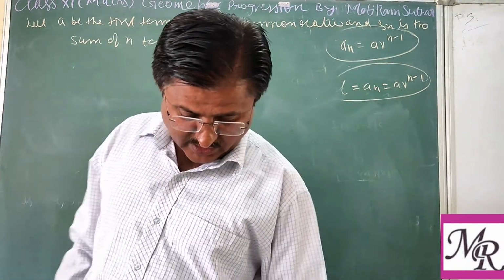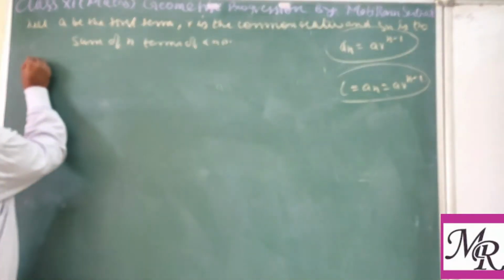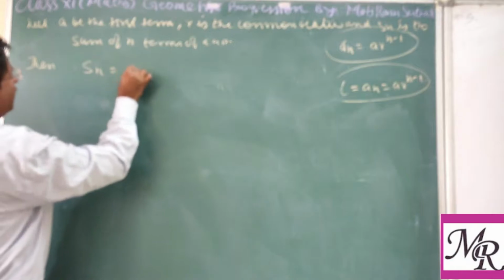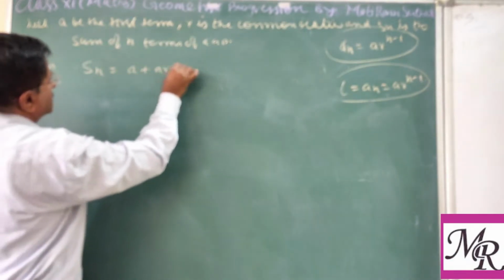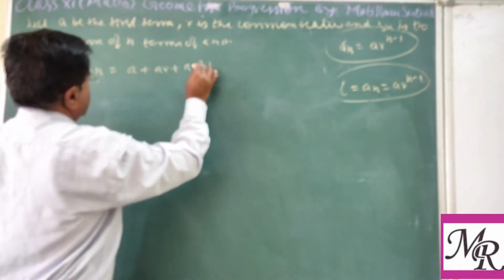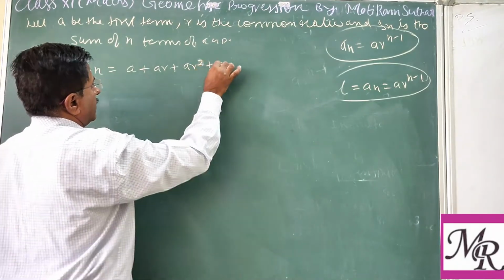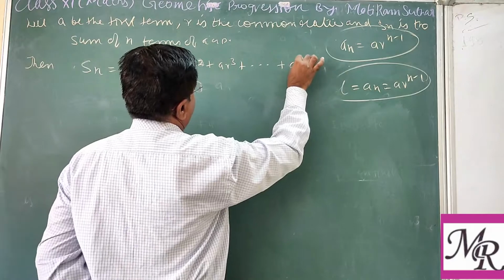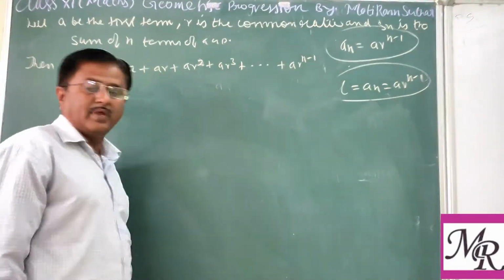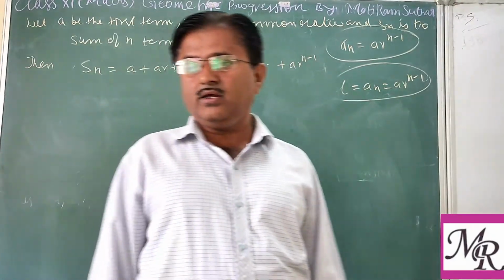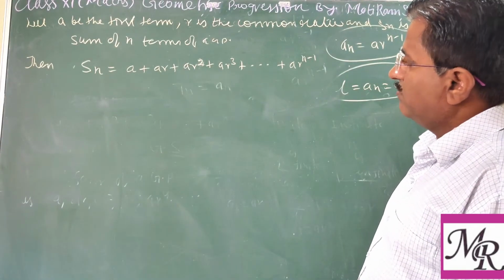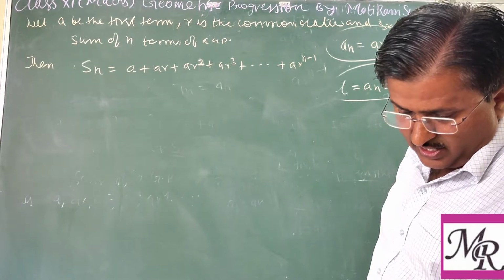Clear? This is what we are supposing. Now Sn, the sum of n terms, is first term plus second term plus third term and so on. In this way we add all the n terms of a GP. Clear? You may write like this: Sn is the sum of all the terms.